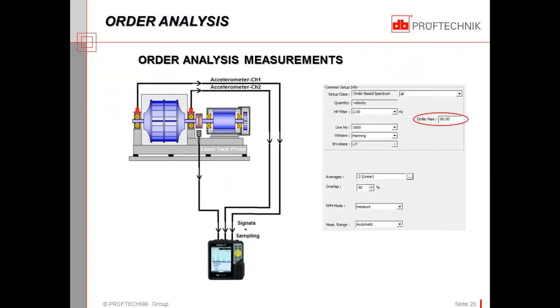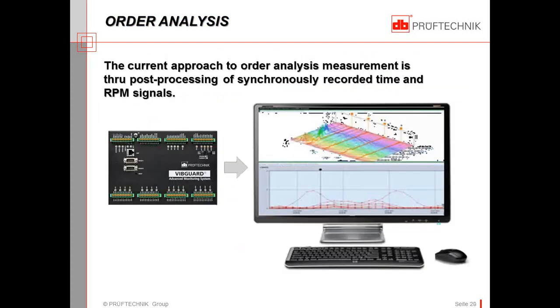So this can be done in the field, as we've illustrated, with a basic setup there. More often than not, nowadays with online systems, it's derived as a post-processing function, typically. So the RPM data and signal are collected synchronously and through some very fancy algorithms, through a process of RPM profile interpolation and resampling, we then are able to create the order spectrum.